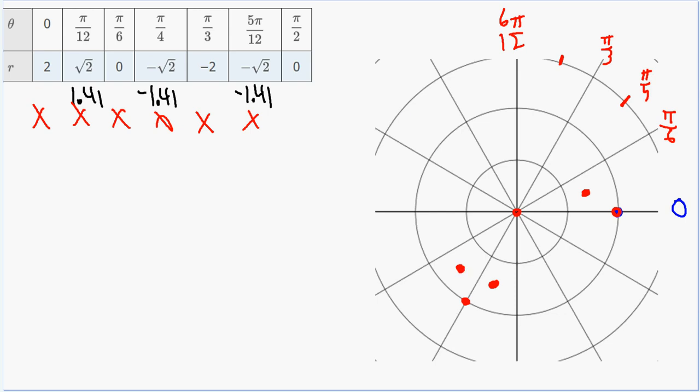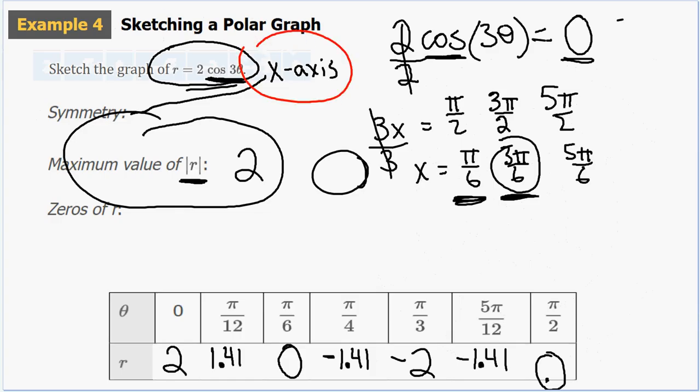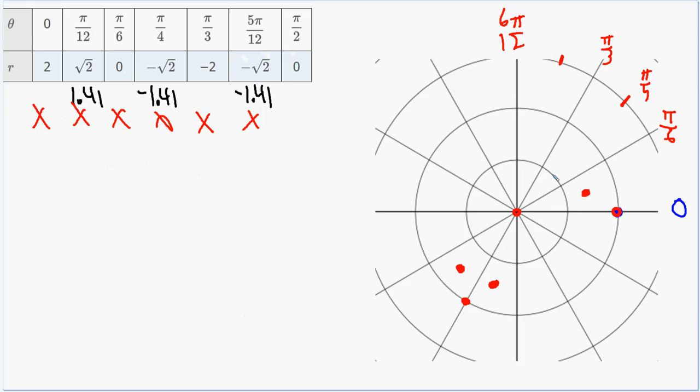Now if I back up, remember we have x-axis symmetry. So any of these red dots will have a symmetric point straight across the x-axis. So this dot here will have one here, and over here we have a little loop coming out, like so. Now this point right here, I'm going to go straight up, symmetric across the x-axis, and then we'll have another point here and here.